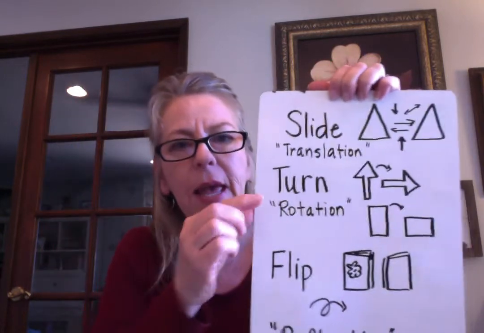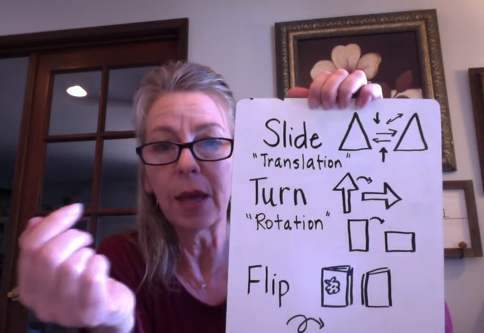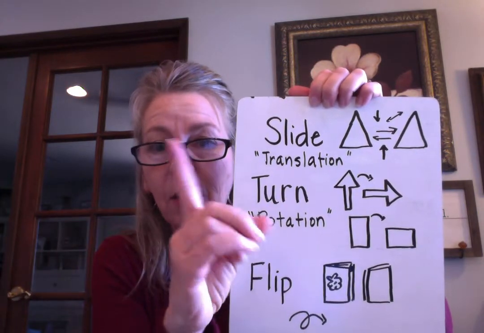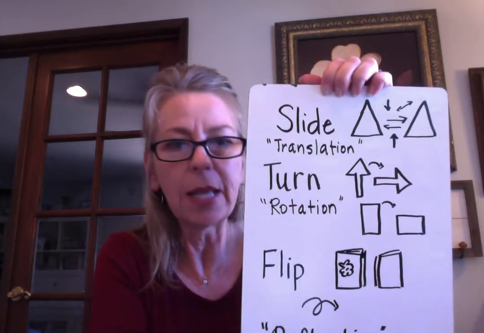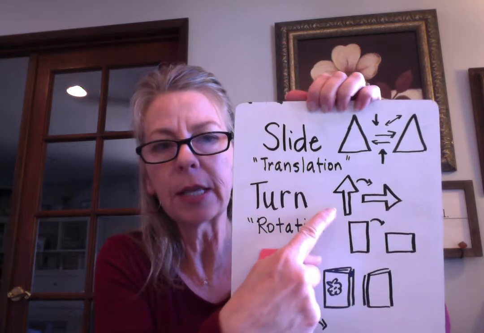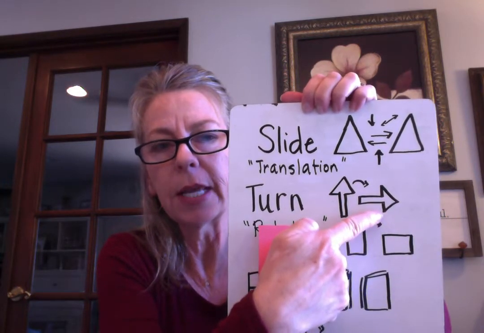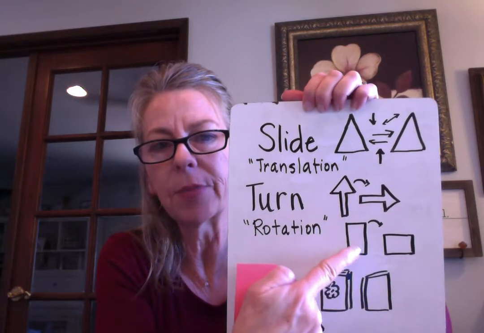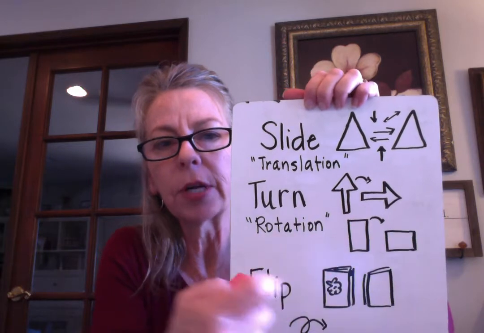All right, and then a turn is when we simply rotate it. If you think of the hands on a clock, they turn around, so they rotate. So a turn is like, look, the arrow is pointing up, and then we rotate it so that it turns to the side. Same with a rectangle, it's standing upright, and we rotate it, we turn it.